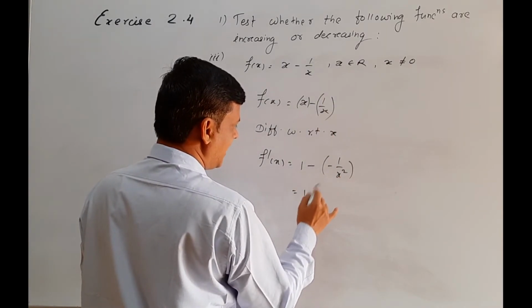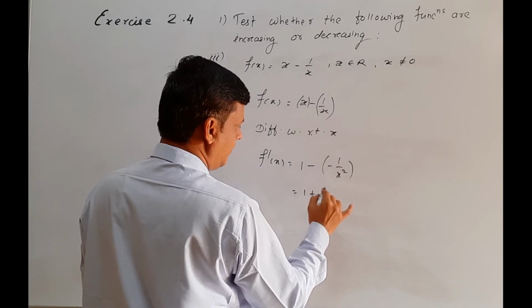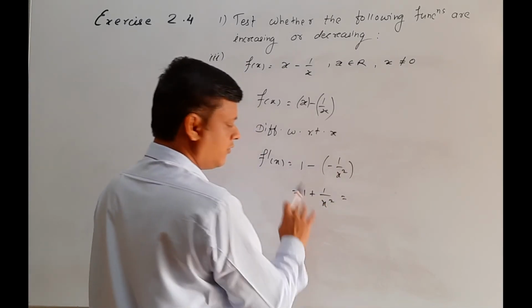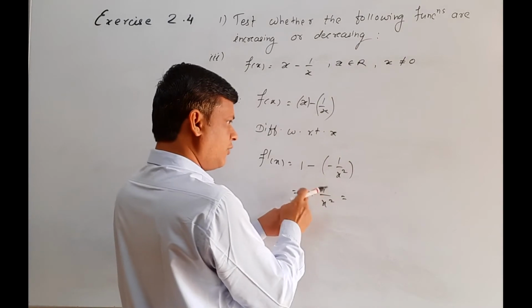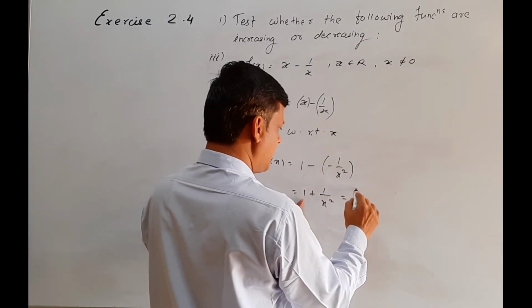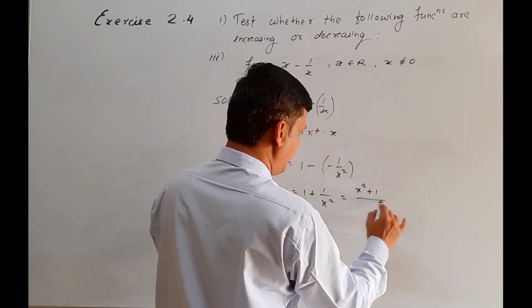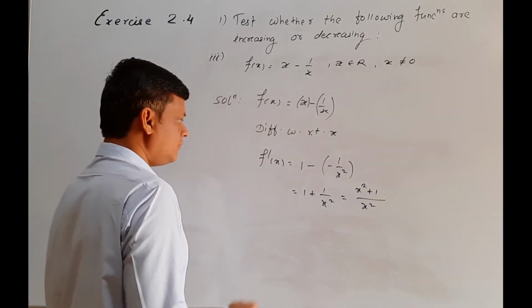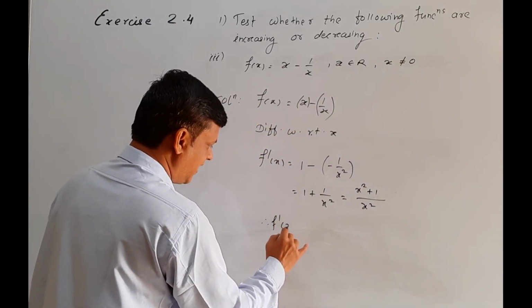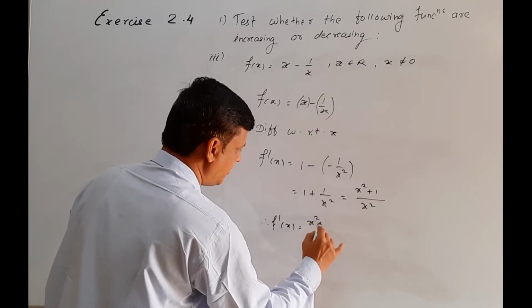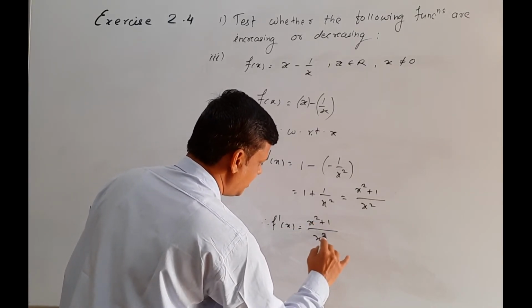So we write this as minus minus plus, 1 plus 1 upon x square. We simplify this. So for that we have to cross multiply. We get here x square plus 1 upon x square. Therefore, f dash of x is equal to x square plus 1 upon x square.